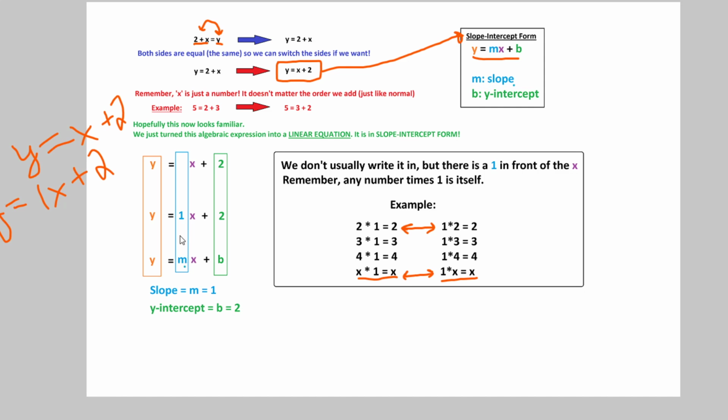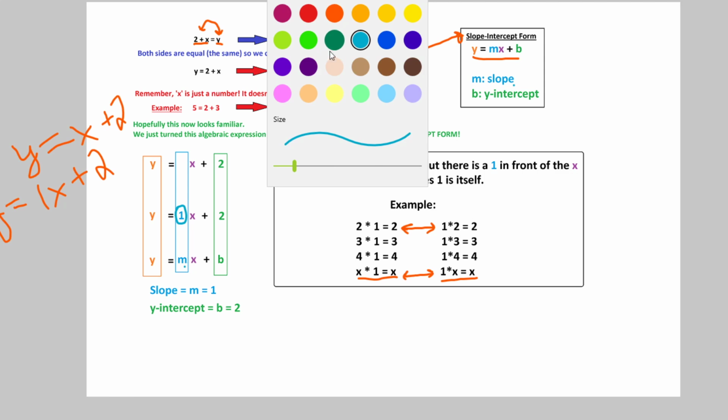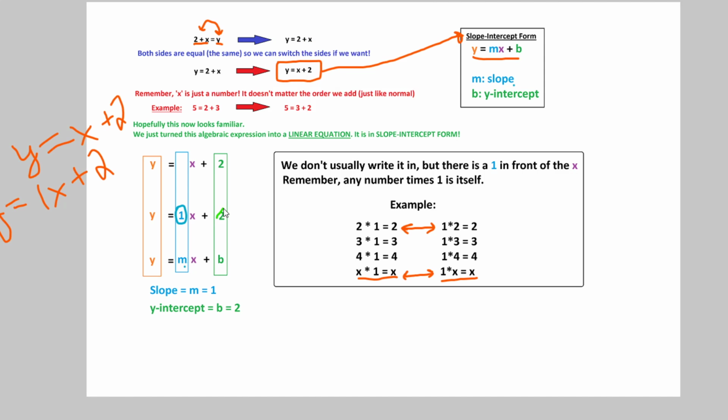So that means that this 1 is our slope. And then we said that whatever number comes right here is our y-intercept. Right? That's our b, our y-intercept. So our slope is equal to 1, our y-intercept is equal to 2. So we'll keep that in mind.